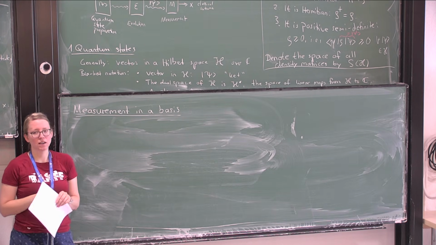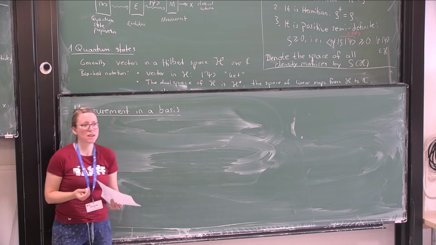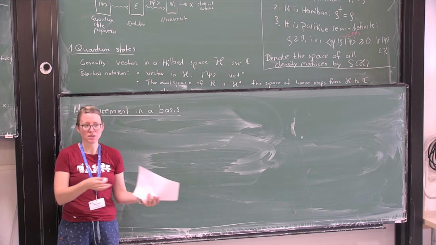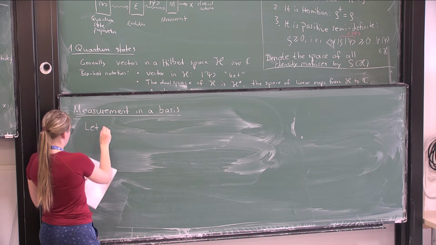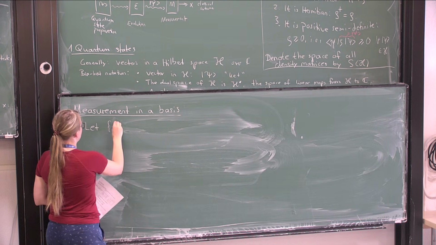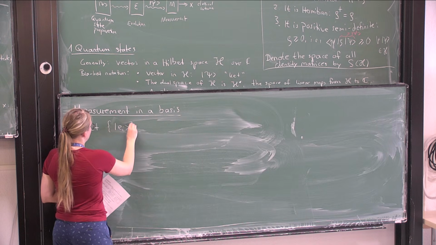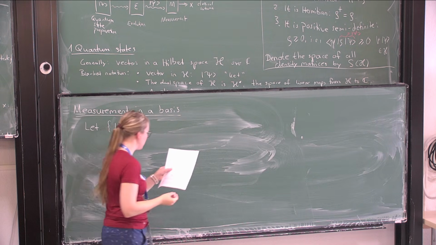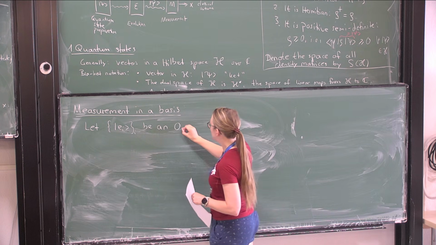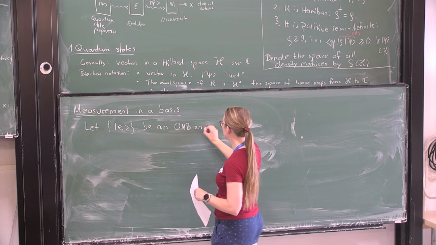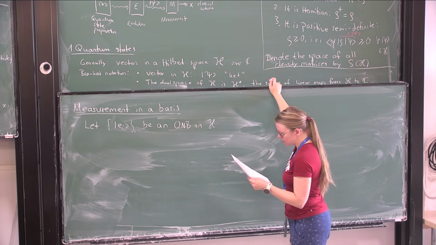Okay, so I have a state on a Hilbert space, and I want to measure it in a basis of this Hilbert space now. So let's say we have a set of vectors which form an orthonormal basis on the Hilbert space.